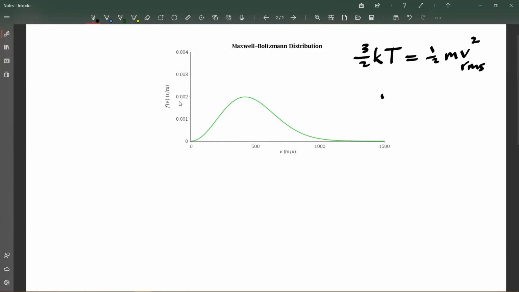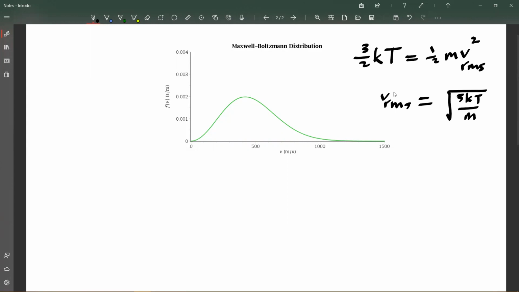And of course, if you solve that for v_RMS, you get a familiar formula. Hopefully it's familiar. That factor of 1/2 goes away, and we're left with the square root of 3kT over m. Temperature goes up right here, RMS speed also goes up.